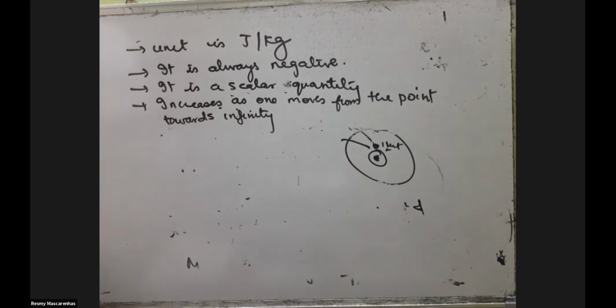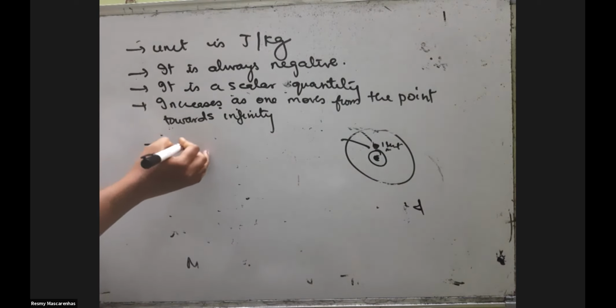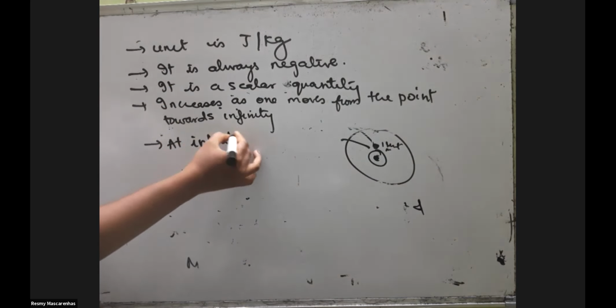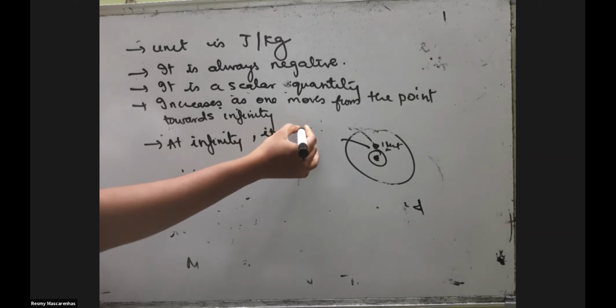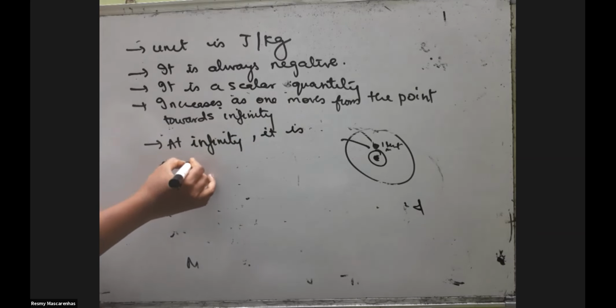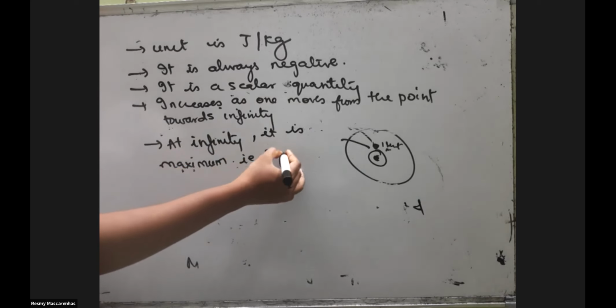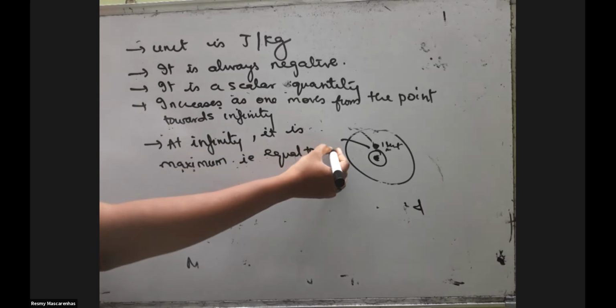Increasing means what? Basically, it's on the negative side. But finally, I'll write this point and then I'll explain. At infinity, it is maximum, that is equal to 0.